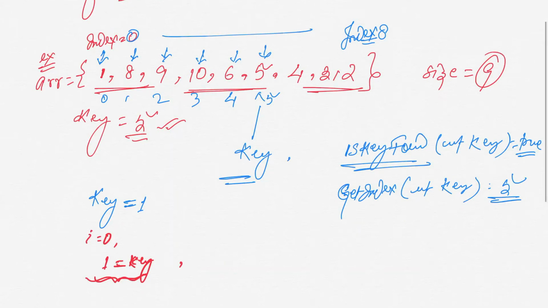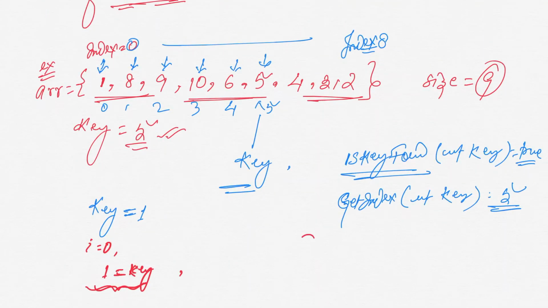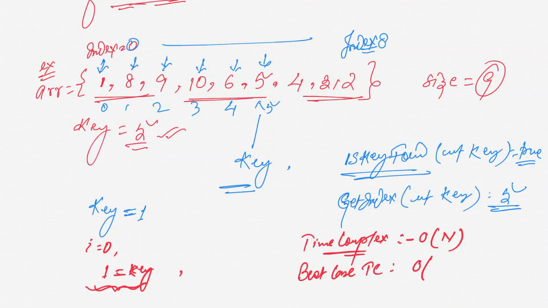In this case, let's get some more information about the time complexity. As the name suggests, it's going to be big O of n, where n is the size of the array. In the best case, the time complexity could be O of 1.